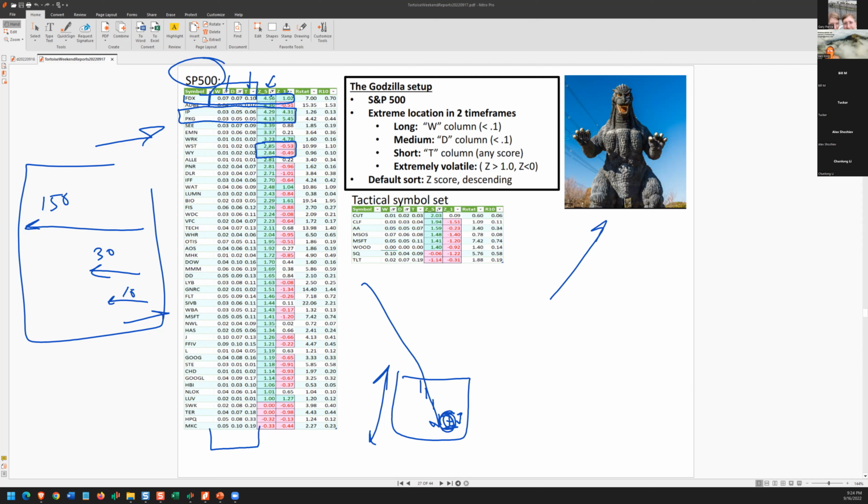So the second form of Godzilla that is interesting here is 5-day volatile, 1-day not volatile. And then the last one is where the 5-day and the 1-day are extraordinarily quiet, which is why Teradyne is so interesting, because it's very quiet on the 5-day and minus 0.98, extremely quiet on the 1-day.